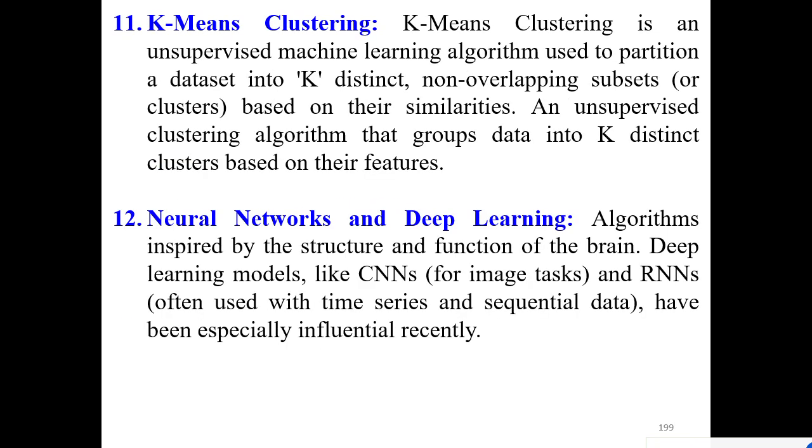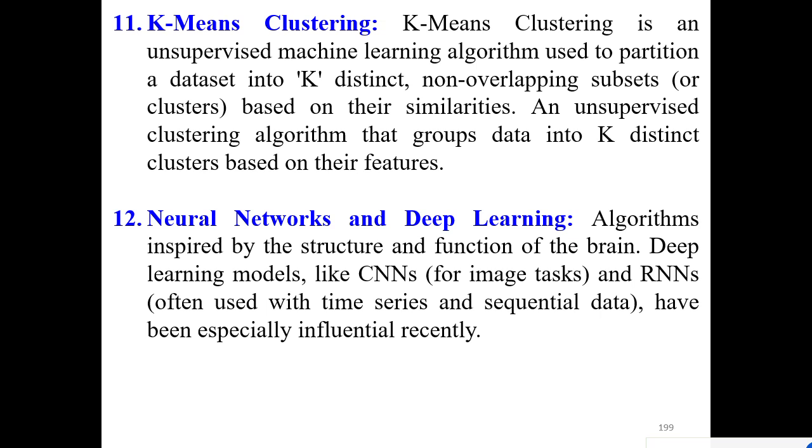Then k-means clustering is an unsupervised machine learning approach. It is used to partition a data set into k distinct non-overlapping subsets or clusters based on their similarities. An unsupervised clustering algorithm that groups data into k distinct clusters based on their features.